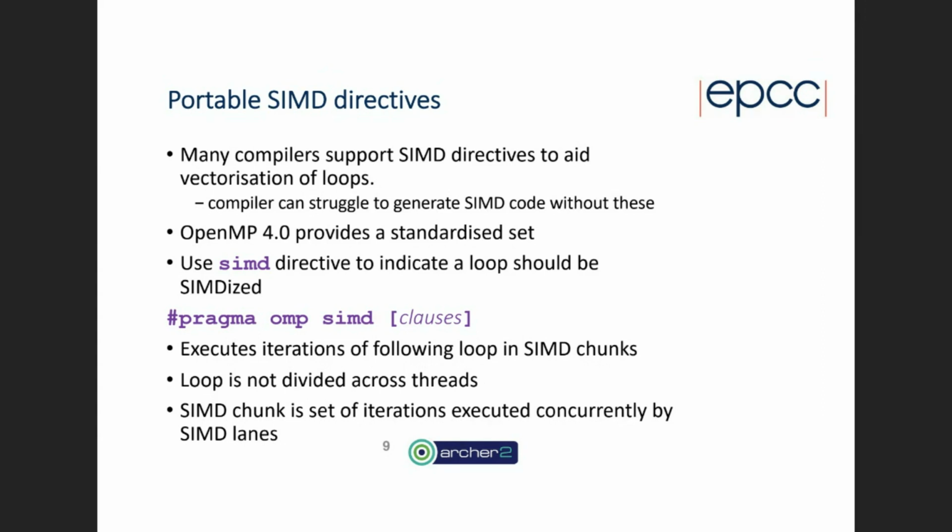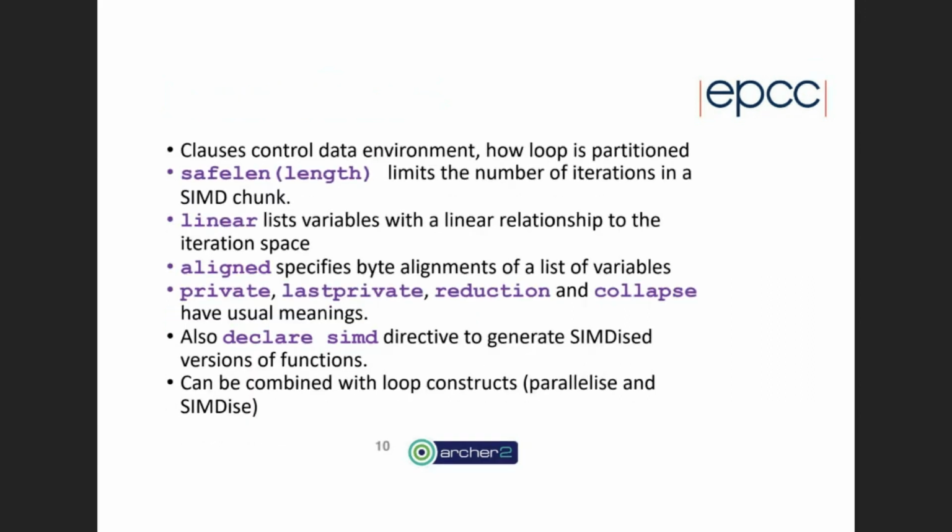So the terminology here: a SIMD chunk is a set of iterations executed concurrently by SIMD lanes. And then the SIMD directive takes various clauses that control the data environment and how the loop is partitioned and so on.